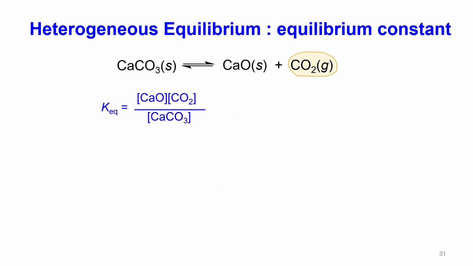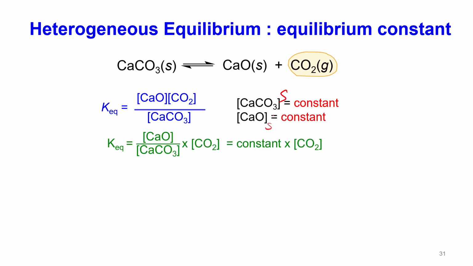Heterogeneous equilibrium. Jadi bila kita nak write the expression, kita cuma ambil apa? CO2. Jadi untuk CaCO3, this one is solid, this one also solid. Jadi kita letakkan dia sebagai constant tadi. Jadi K equilibrium CaO over CaCO3 times CO2. Jadi di sini adalah constant, jadi kita letakkan nilai 1.